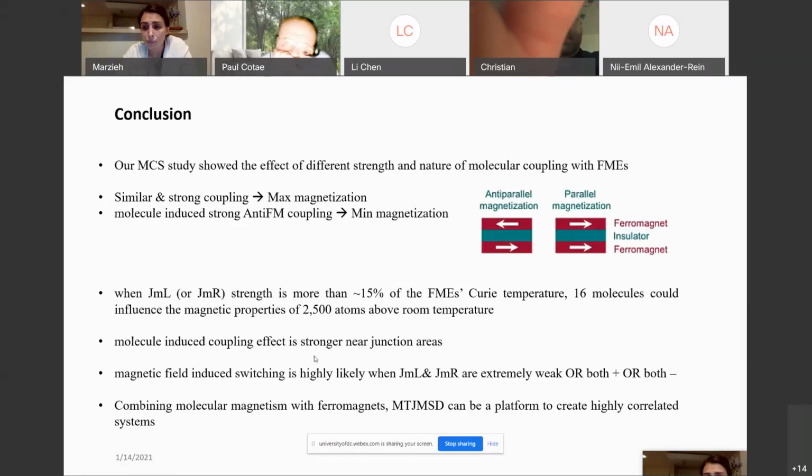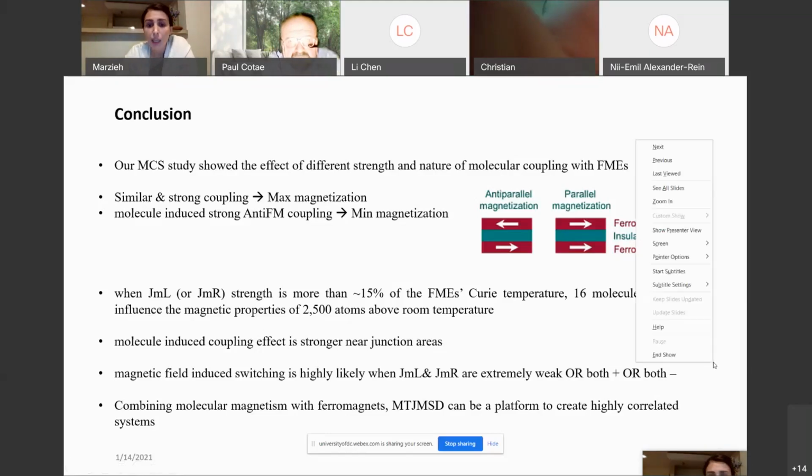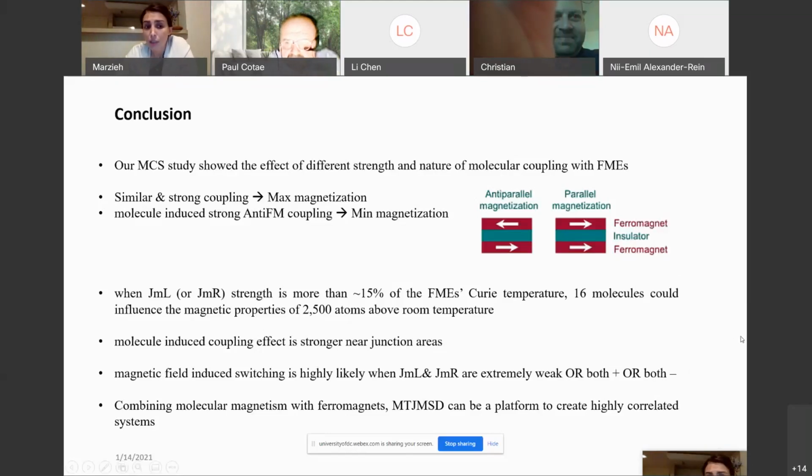For magnetic field-induced switching, when we investigate the magnetic susceptibility, the switching phenomenon can be expected when there is a very low JMR or when both are positive or both negative. And combining molecular magnetism with ferromagnets can create a platform for highly correlated systems.